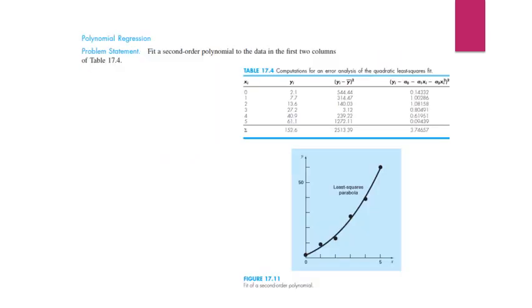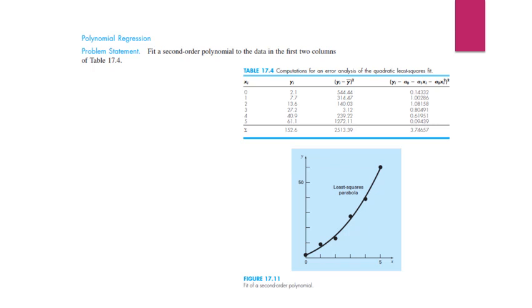So straight away to the example, based on the first example. You will have x and y. Normally you are only given the values of x and y. So you have xi: 0, 1, 2, 3, 4, 5, and yi: 2.1, 7.7, 13.6, 27.2, 40.9, and 61.1.